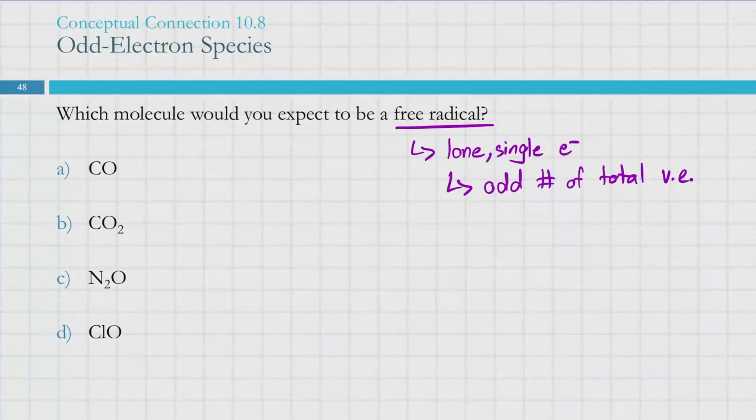If we look at CO, carbon has 4, oxygen has 6. That's going to have 10 total valence electrons. If we look at B, that's going to have 16 valence electrons. That's also an even number.